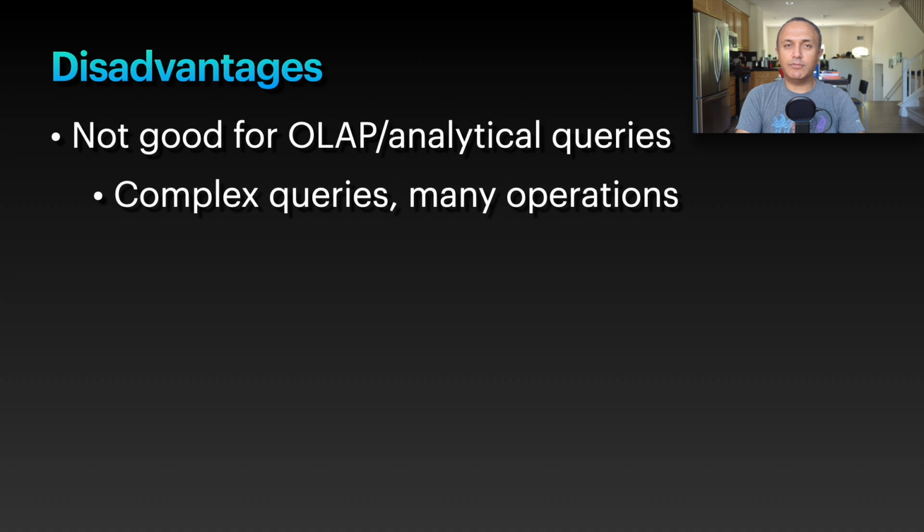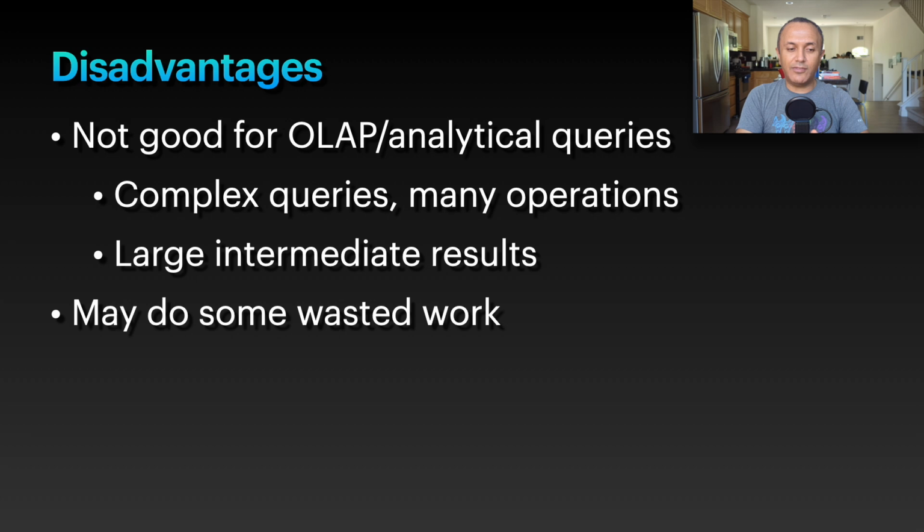So this means the query will take a long time. And also because these queries usually operate on huge amounts of data, so the intermediate results are going to be very big, which means very likely they will not be able to fit in memory. So each operation will likely spill to disk, so that's a lot of I/O. So the queries end up being extremely slow if you use the materialization model for such queries.